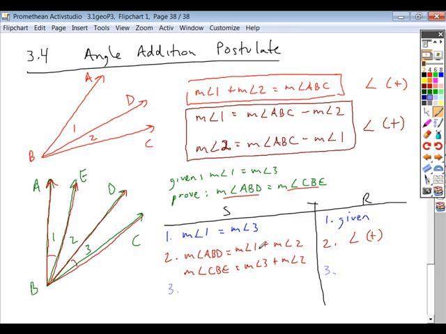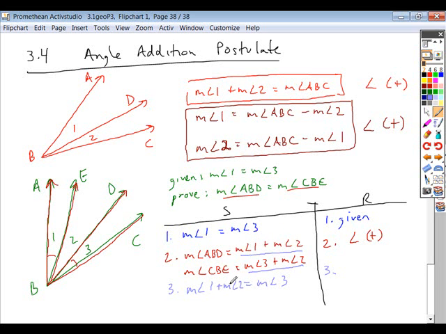Okay, so in order to get these two wholes equal, ABD and CBE, we have to set their parts equal. So if we rewrite equation 1, angle 1 is equal to the measure of angle 3. What do I have to do to angle 1 in order to get this form? I have to add angle 2.